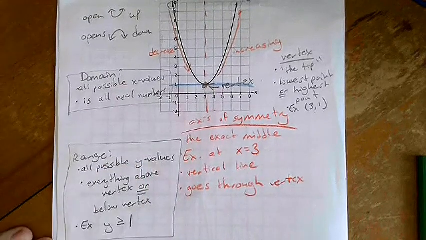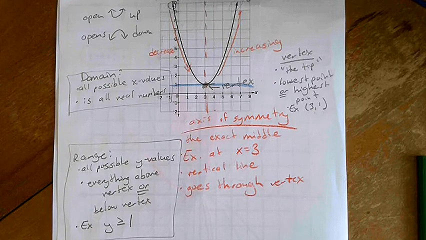So on the last page, we were looking at all the different a values and what they did to the graph.